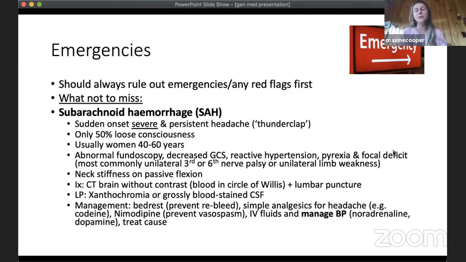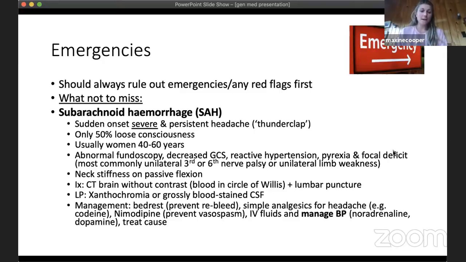So you're getting red flags if it's super severe and has come on really suddenly. Usually it's women of middle age, 40 to 60. Something I found interesting is that only about 50% actually lose consciousness. So it's important to keep in mind that they might be alert, but it doesn't mean you can rule that out.